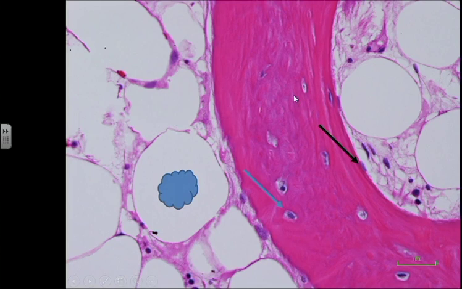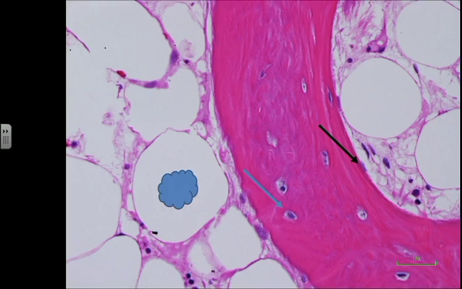We don't see hematopoietic cells because this is from the shaft or the diaphysis of the bone of an adult. So all the hematopoietic cells have migrated and only stayed in the metaphysis and epiphysis, but not anymore in the shaft. When we look at the bone in an adult, we can see it has the pink homogeneous staining which we have seen in a child.